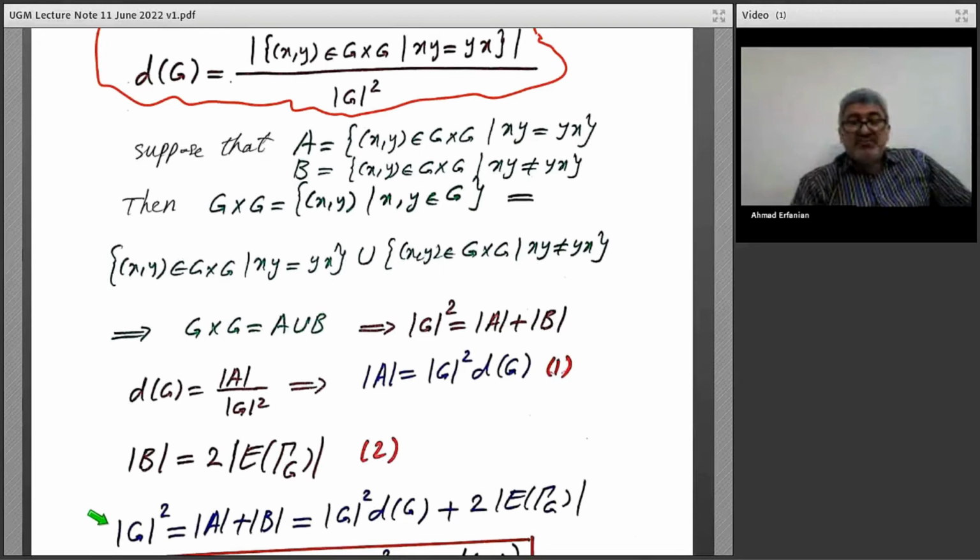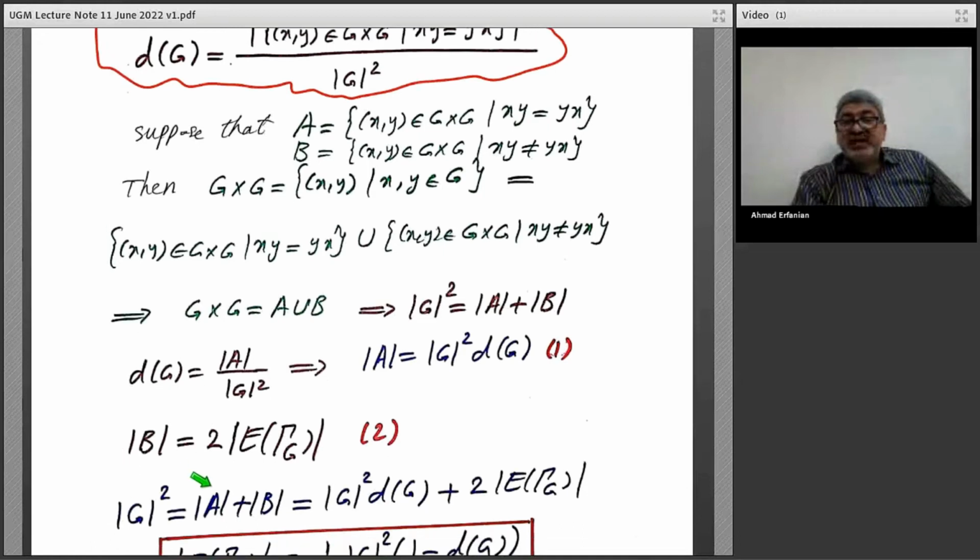Now, how about B? You can see that B is the set of all pairs x and y such that x and y do not commute. You know here, because xy is not equal to yx, x and y are vertices because they are not in the center, and also we will have an edge between x and y.